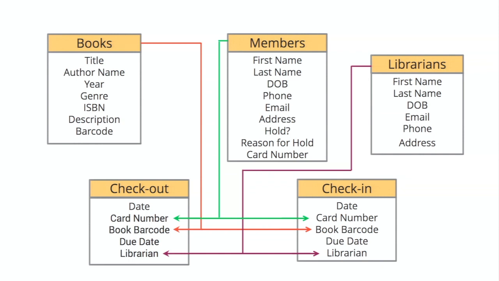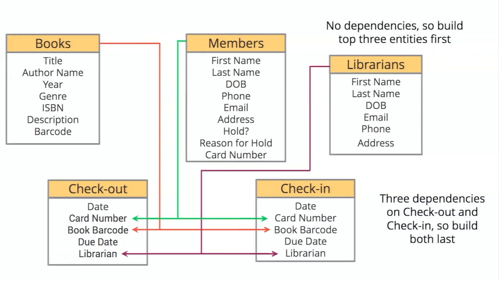If you're going to be able to check a book out, you need to also have that same information to check the book in, so we can look up all that information as well, right? And if we were going to think of what's the best way to do this, we could build books first and check all those things and log all that stuff. We could then do our member system, and then we could do our librarian system. And since the check-in and check-out are the only ones with any dependencies, we would then do those last, all right?